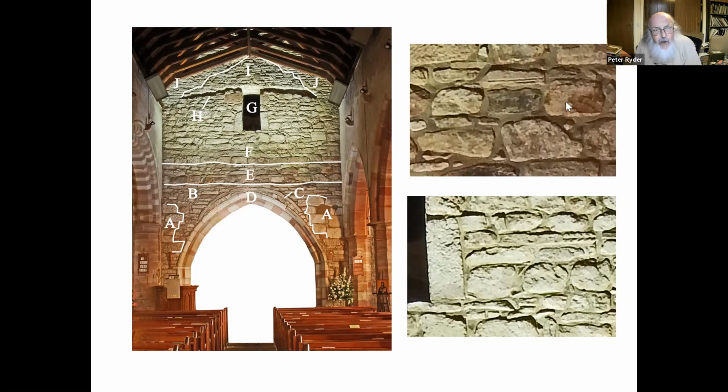Then H is the mark of an old low pitched roof, a gable I above, and finally J, which may be Victorian, which goes with the present roof. On the right you can see two pictures of carved stones we only spotted once we got that photograph by enlarging sections of it.